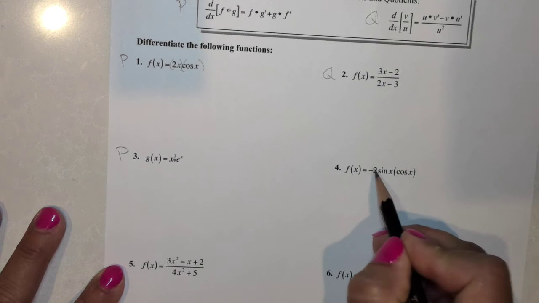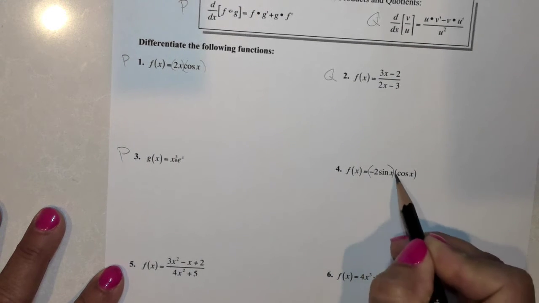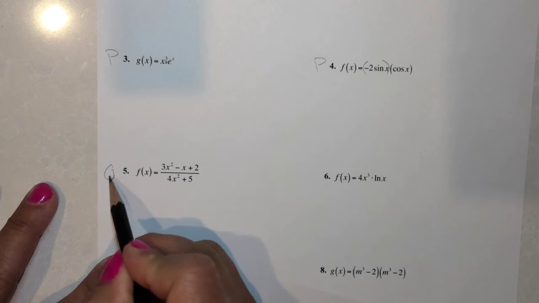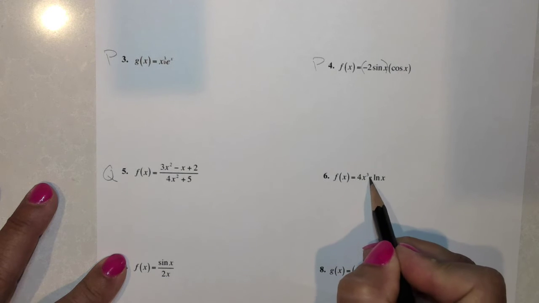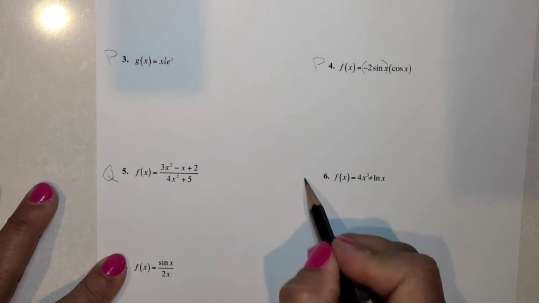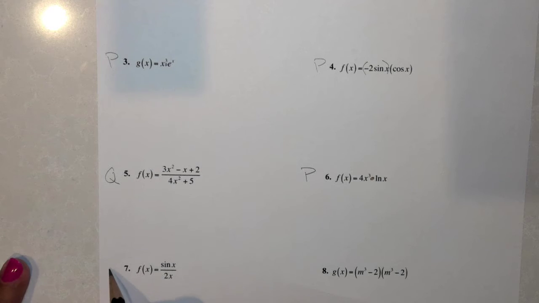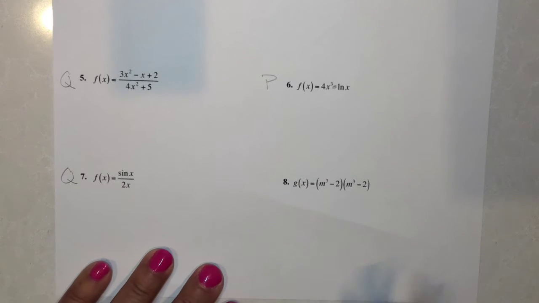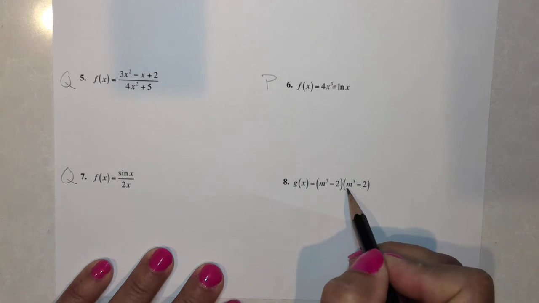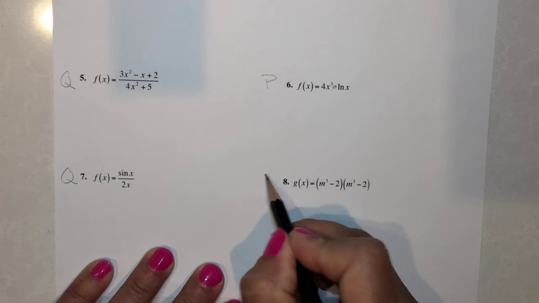So like here, this is negative 2 sine x times cosine x, product rule. This one's a fraction, quotient rule. Here that already has the dot, I'm going to just make that bigger, product rule. This is division, quotient rule. And this is one polynomial times the other, so product rule.